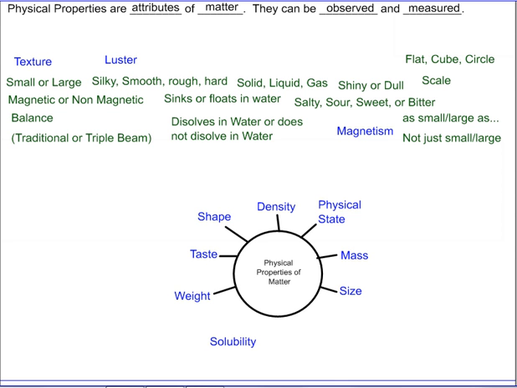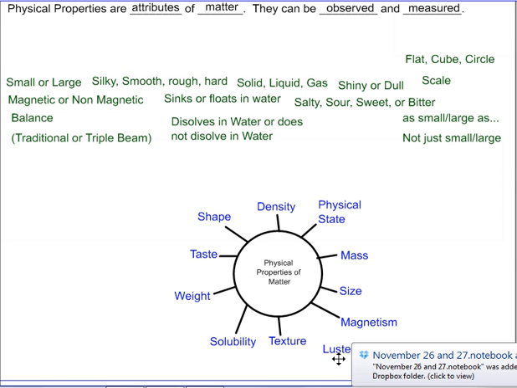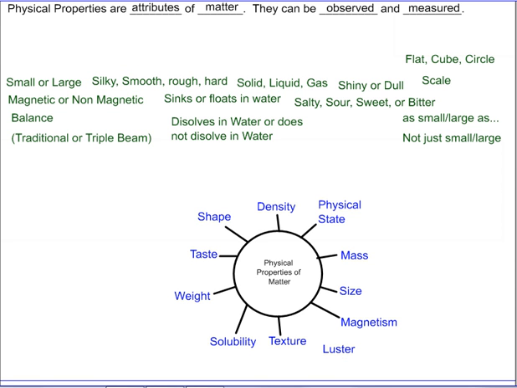Solubility, texture, magnetism, and the last one we're going to discuss today is luster. All right, so know that these are just a few physical properties of matter. There are many, many more, but these are the ones that we're going to concentrate on for now.